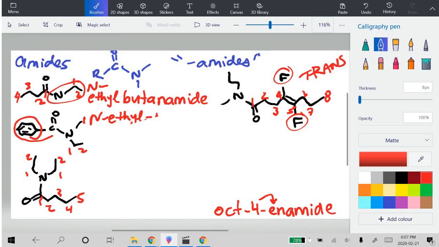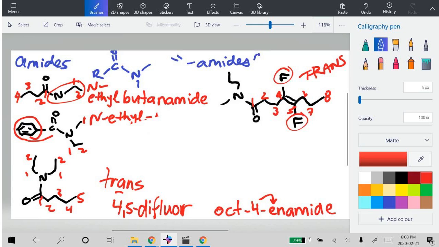In front of that, I want to put the difluoro. To start, fluoro is off of carbon number 4, 5, and they're in the trans arrangement. So the full backbone name is trans-4,5-difluorooct-4-enamide, and that should all be in one line, no spaces.